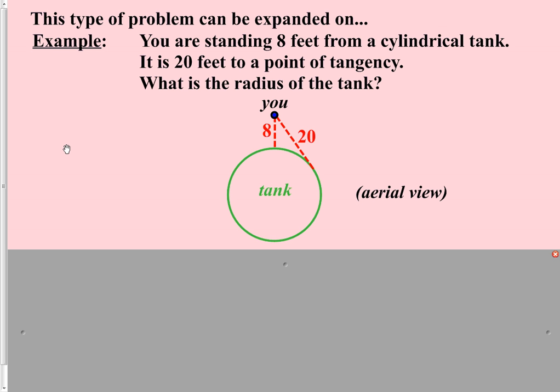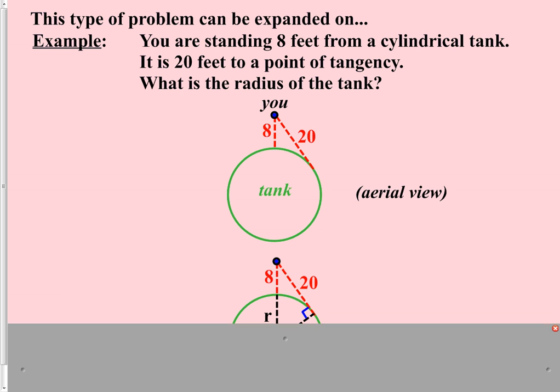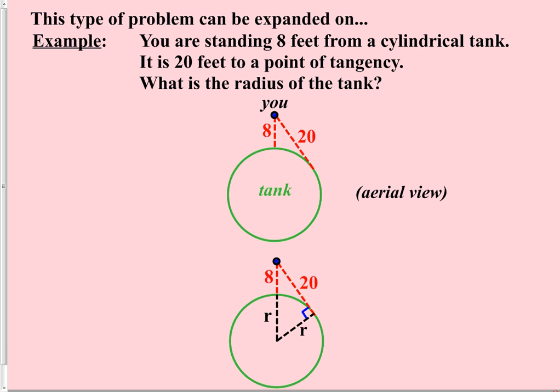Now obviously that is not enough information for us to do anything about it, but we know good and well that if we could find a way to turn this into a right triangle, then we have things like Pythagorean theorem and SOHCAHTOA that can help us out. Well, if we were to add in a couple of radii into this picture, you would see that it would actually finish off a right triangle.